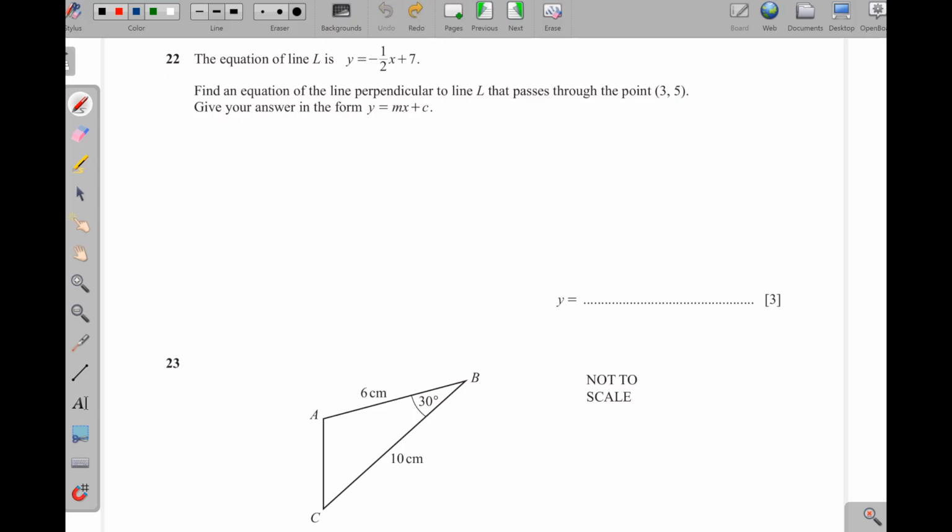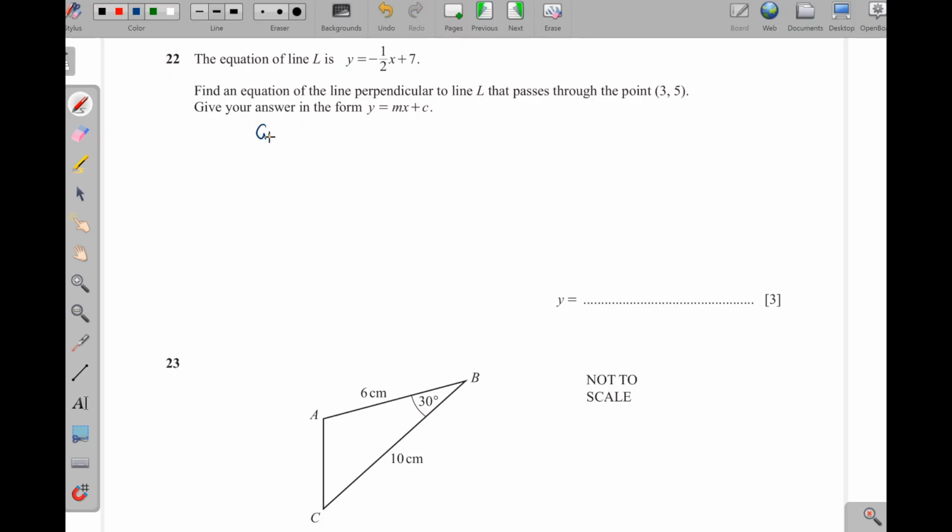Now, you should know that for a line that is perpendicular to the other, the product of the two gradients of the lines is always equal to -1. And if we are to find the equation of a straight line, we need at least one point through which the line passes and its gradient.